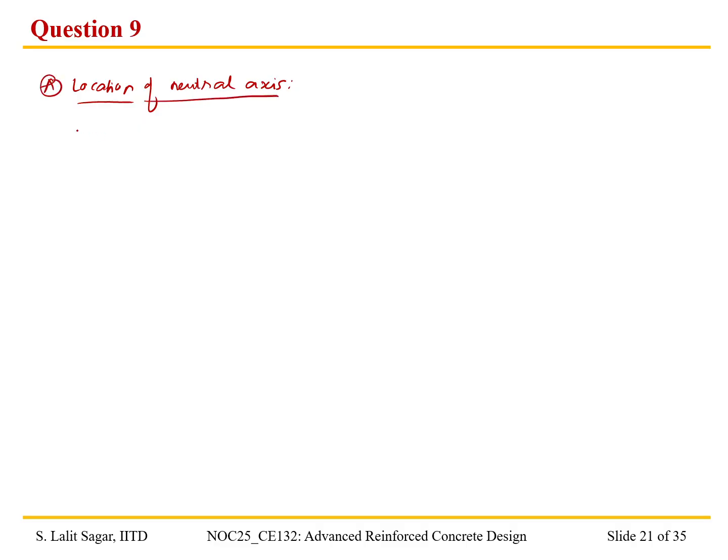Okay, so the equation is bx square by 2 is equal to m into Ast into d minus x. So we are finding it as per the working stress method, right?